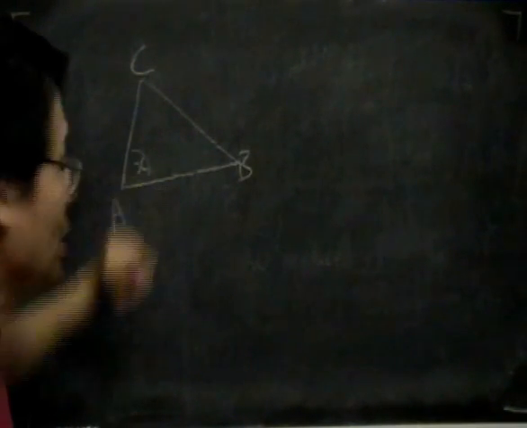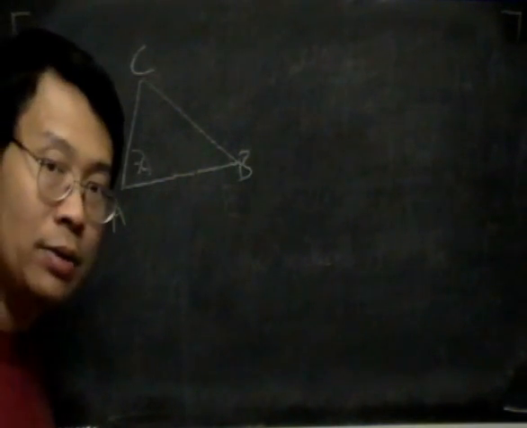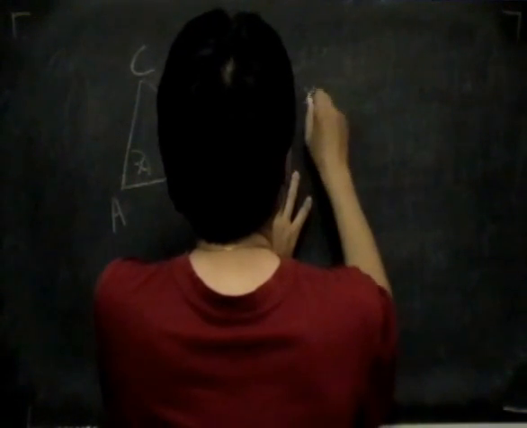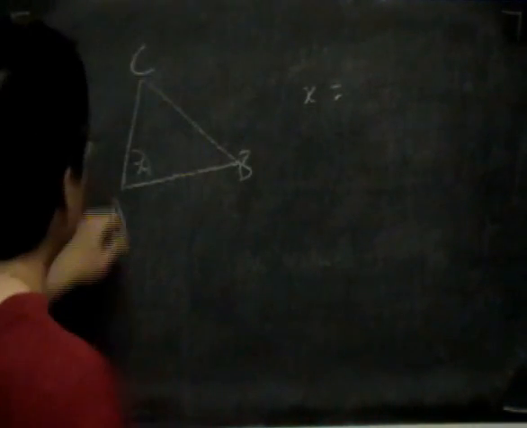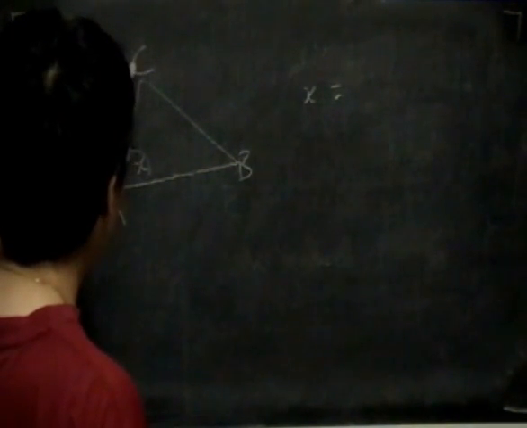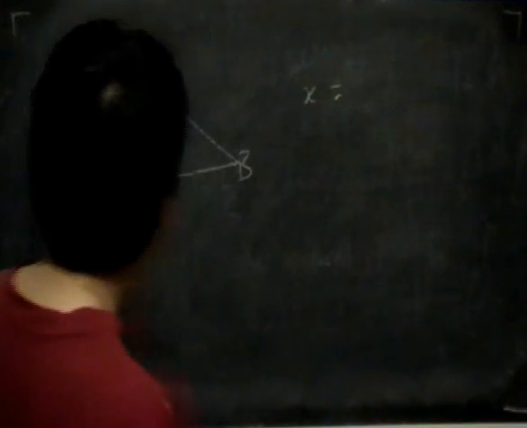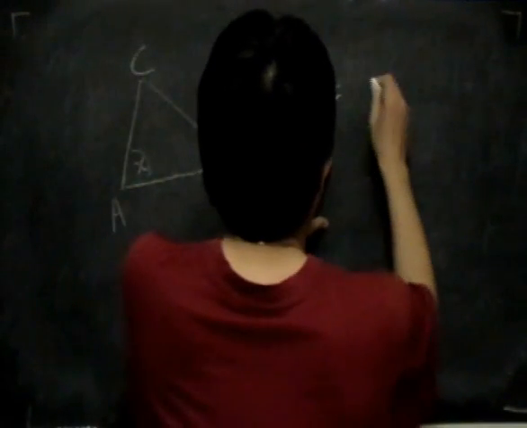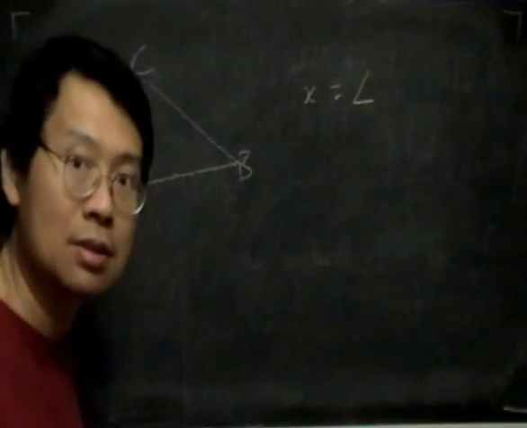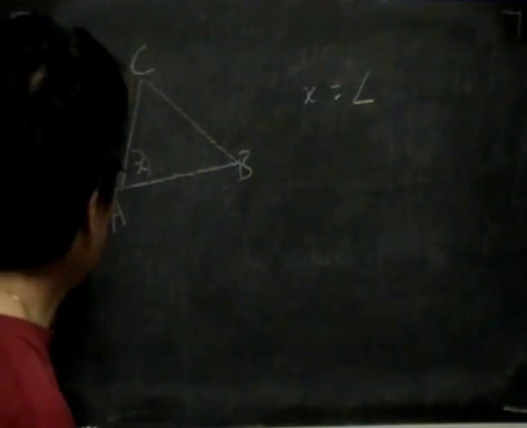One way is just to put a little X there and that's the angle X. Now another way is to say that this angle X is referred to as the angle which is between the sides AC and the side AB. Okay, and the notation for that is you use a little angle symbol there, and it's called the angle CAB.